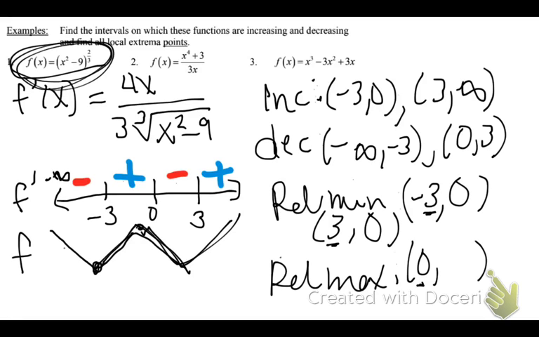And if I plug 0 in, I would get negative 9 to the 2/3, which we'll just leave like that. Okay, so we just analyzed this function using the first derivative test. Okay, so let's move on to example 2.